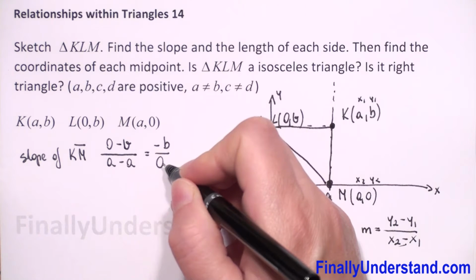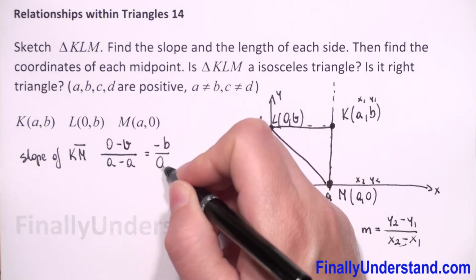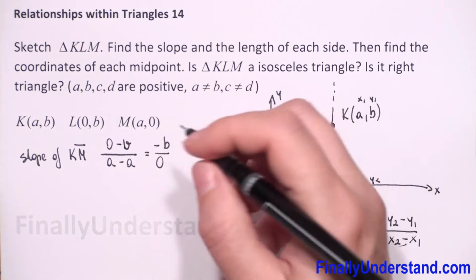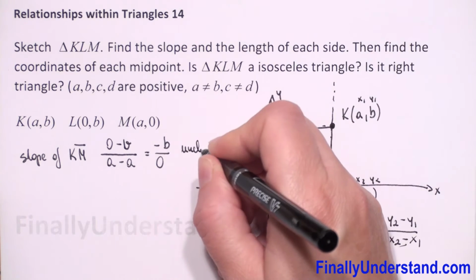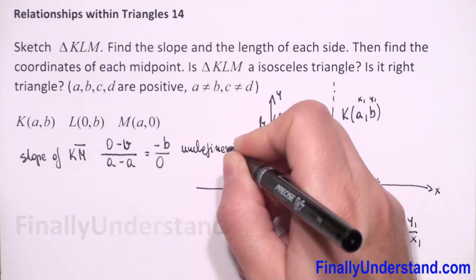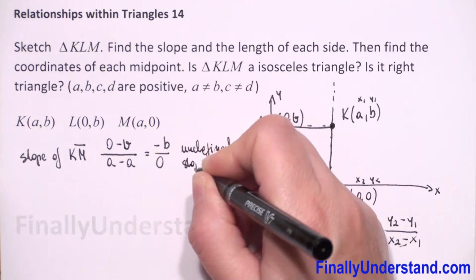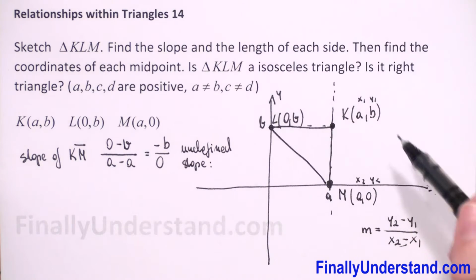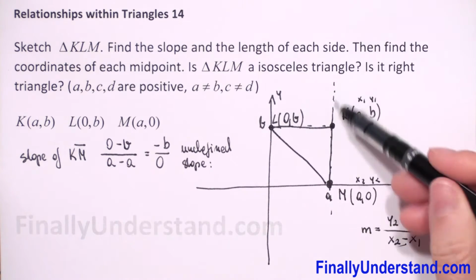We cannot have 0 in the denominator, so we have an undefined slope. It means that this line is vertical.